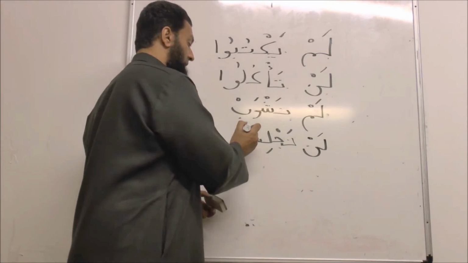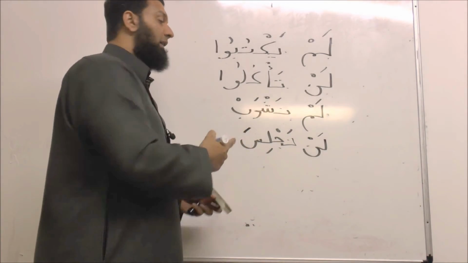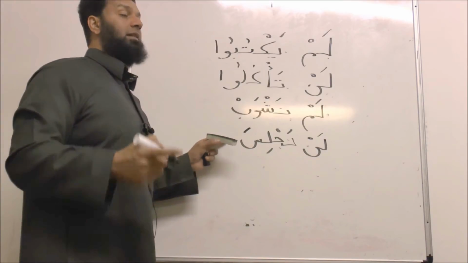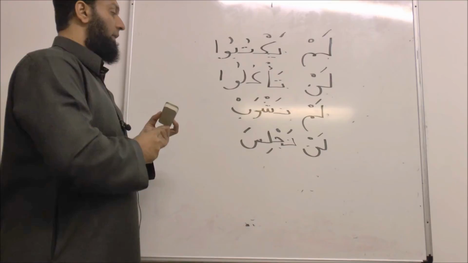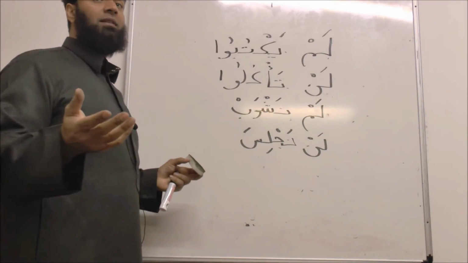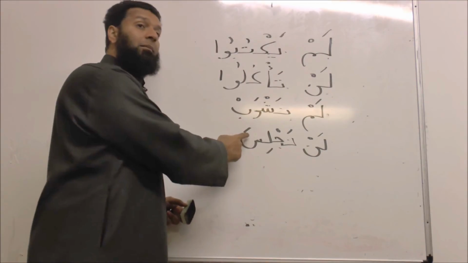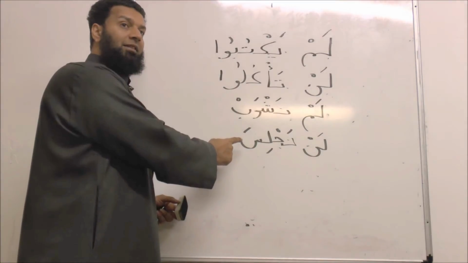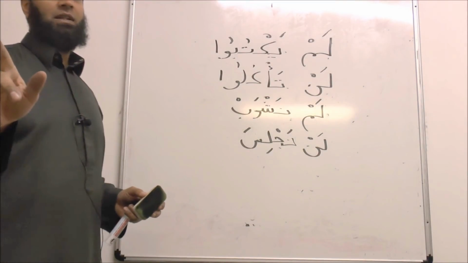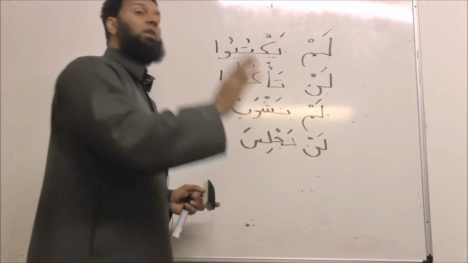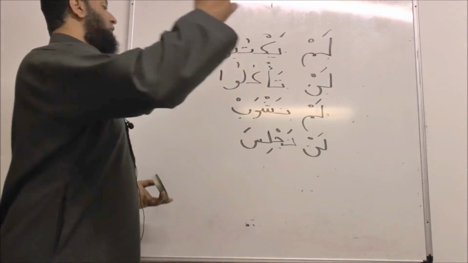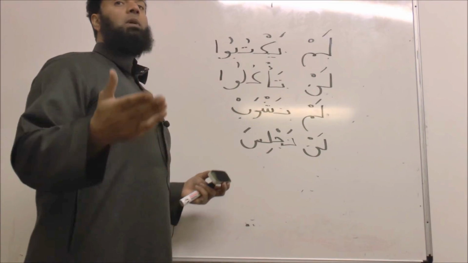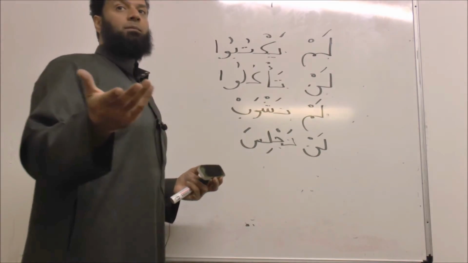Good. Can you see, akhlaq, what state najlisa is now in? Mansubun. Right? And we've negated it with a lan, so we've made it into the future. Lan najlisa, we will not sit.